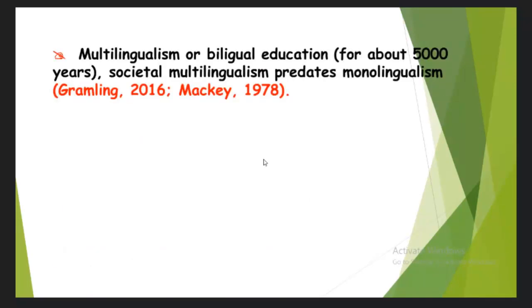Let's look at this in terms of multilingualism or bilingualism. It has a long history. It has existed for about 5,000 years, and it predates monolingualism. It is a fact that maybe some of you don't know, because monolingualism exists after multilingualism or bilingualism.